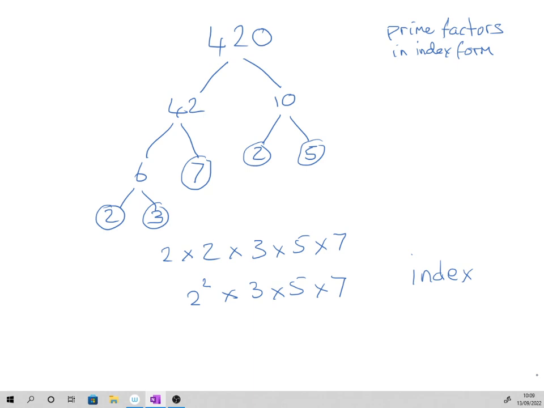And the good thing about this is if you didn't know what this is, you could have done 420 and you could have just gone 2 times 210, and then you could have gone 2 times 105 and 5 times 21 and 3 times 7. So you've gone a completely different way, but look, 2 times 2 times 3 times 5 times 7. You get exactly the same numbers.